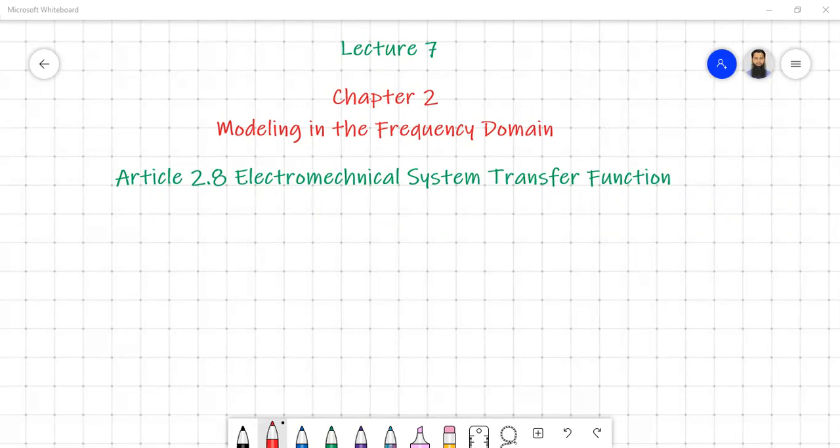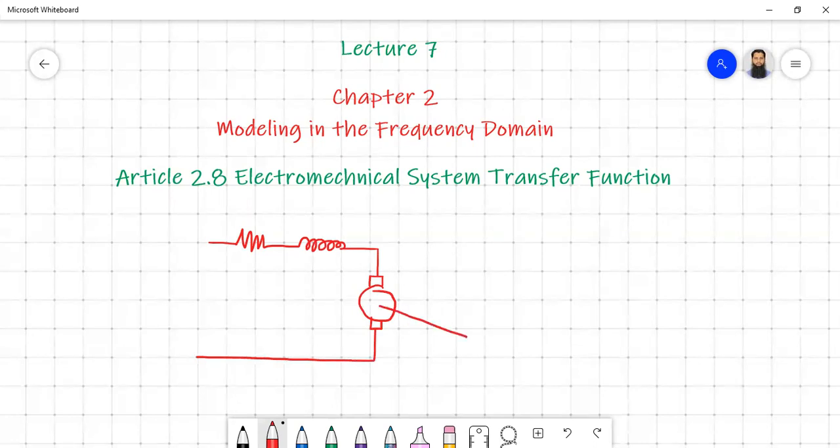Maybe a fixed field DC motor. So we'll have a diagram, something like this. We have the armature resistance, then the inductance in the armature, then the motor, then the rotor shaft.